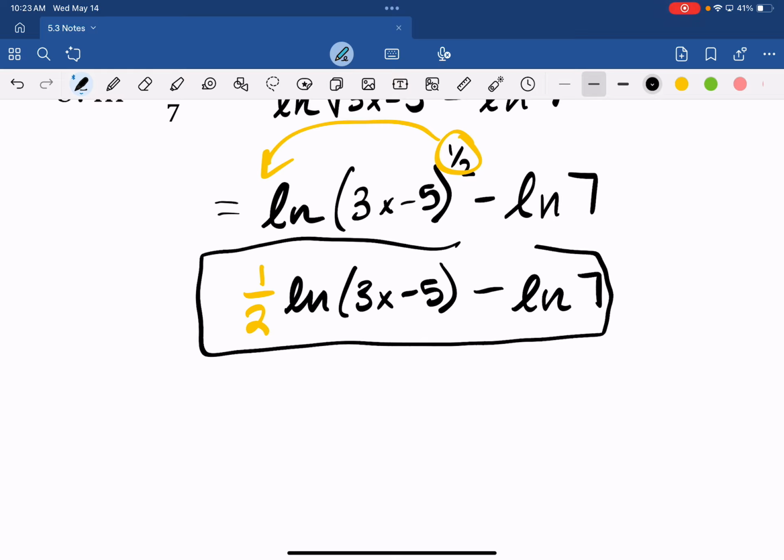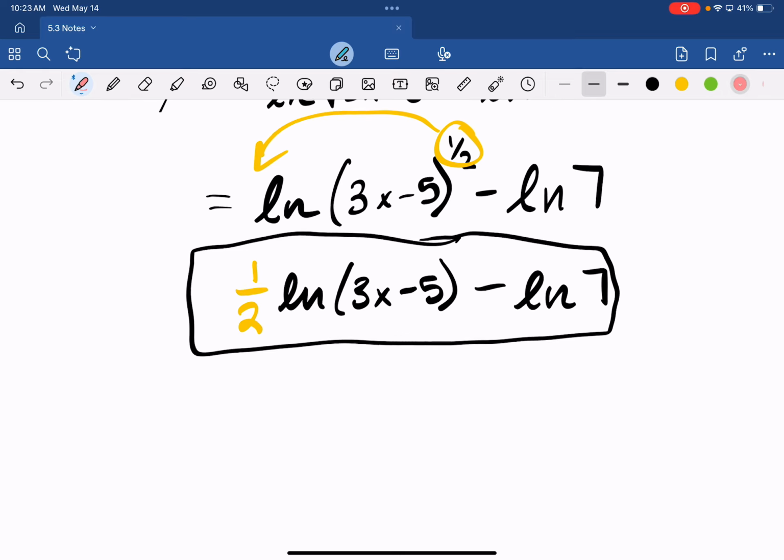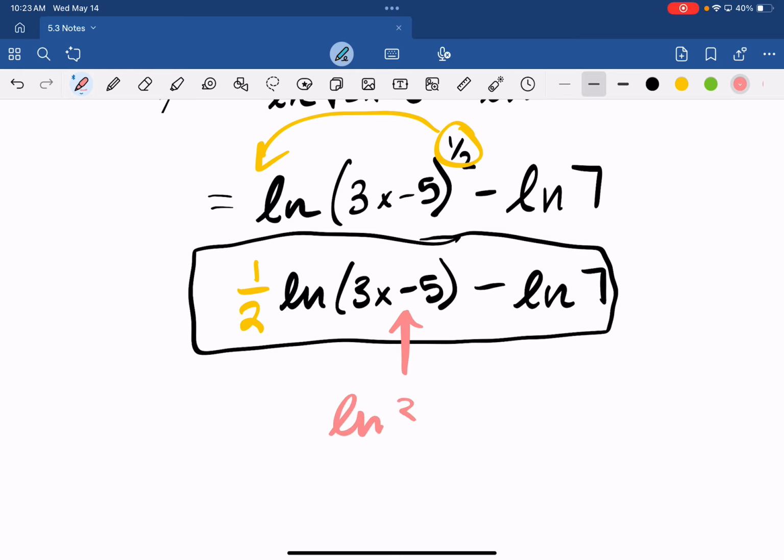I'm going to talk about one last thing that I see a lot of kids do for some reason. They see this minus right here, and they automatically think quotient rule, and so they'll do 3x over 5. How is this different than our quotient rule? What's different about this than what our quotient rule says? Right.